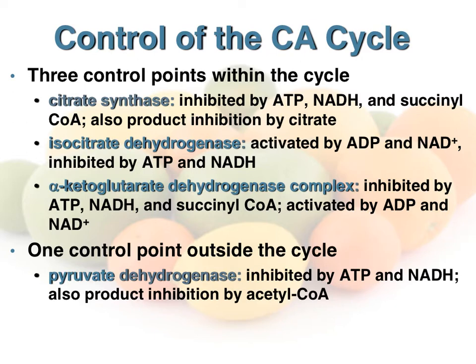So you have to understand the theory, the reasoning behind it. The control points are citrate synthase, isocitrate dehydrogenase, and alpha-ketoglutarate dehydrogenase complex. And then one outside the cycle, which is pyruvate dehydrogenase complex. If you've got the word complex, it's fine too. I would know what you're talking about.